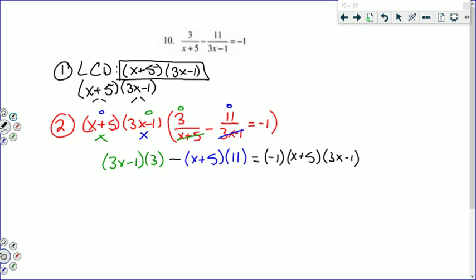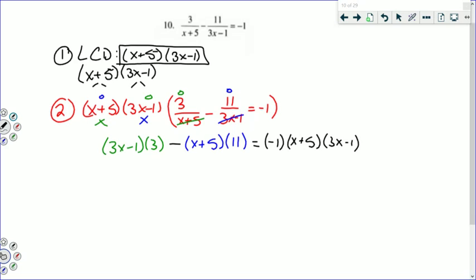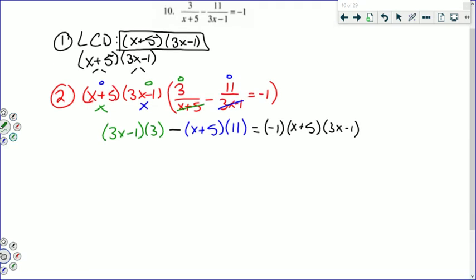All right, so now we're going to distribute to clean some stuff up. So we distribute here. 3 times 3x is 9x. 3 times negative 1 is negative 3. So then we have a subtraction sign. This subtraction sign is important. Make sure you keep track of it because we have to distribute here. So we have 11x plus 55.